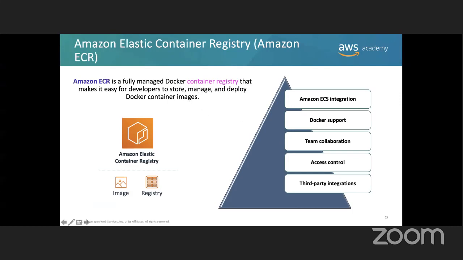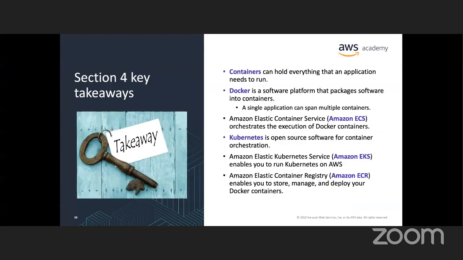Containers can hold everything that an application needs to run: the operating system, the software, everything. Docker is a software platform that packages software into containers. A single application can span multiple containers. Amazon Elastic Container Service (ECS) orchestrates the execution of Docker containers.